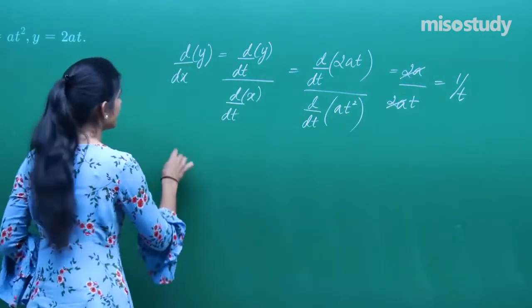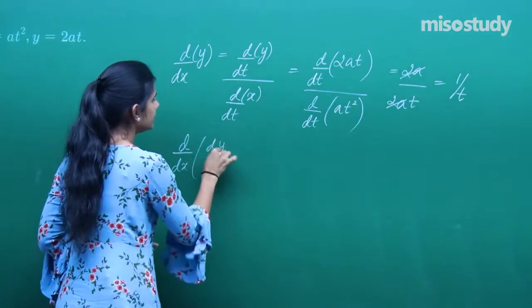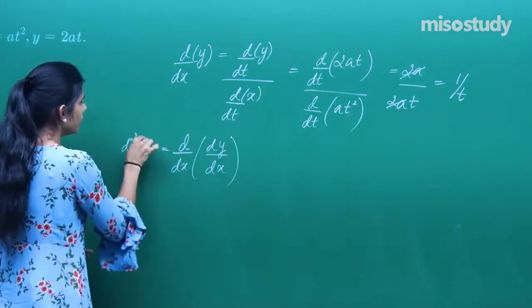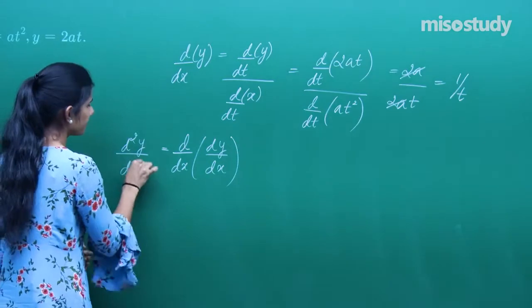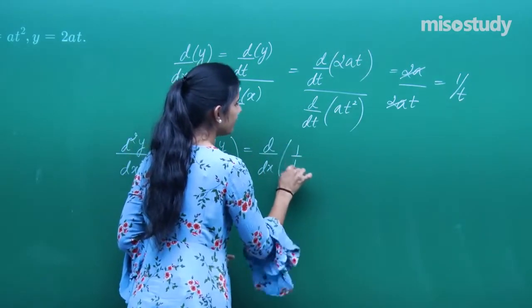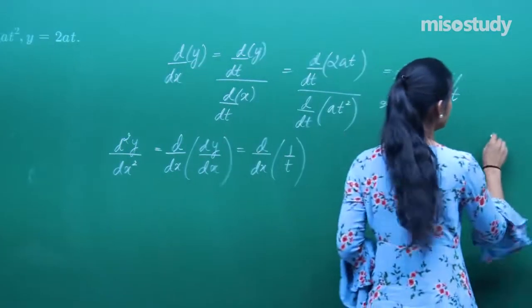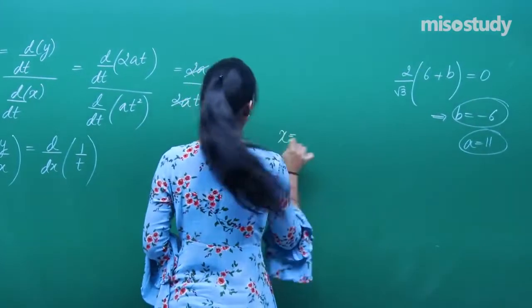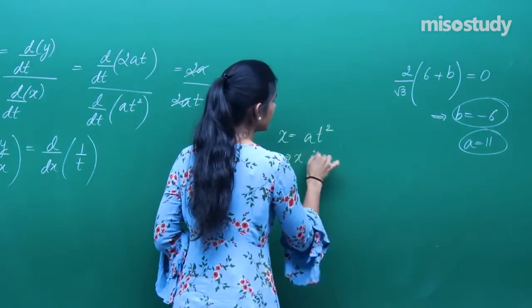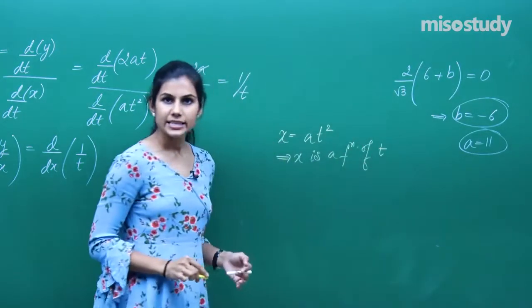Again, you wish to do the same. You wish to compute d by dx of dy by dx, because this is what is equal to d2y by dx square. This means you wish to compute d by dx of 1 by t. Now, please try to understand this carefully. If x is equal to at square, this means x is a function of t.